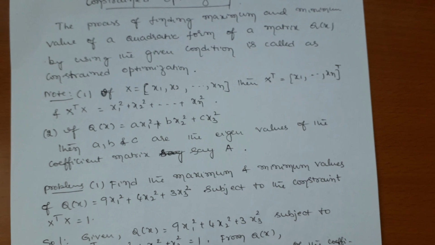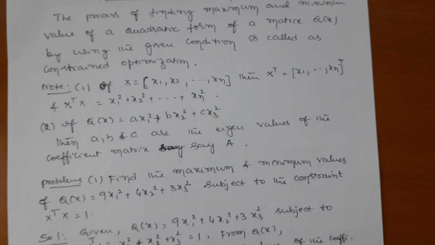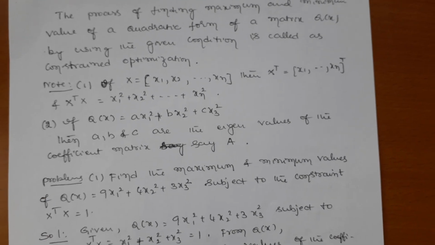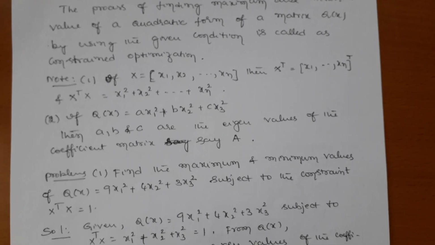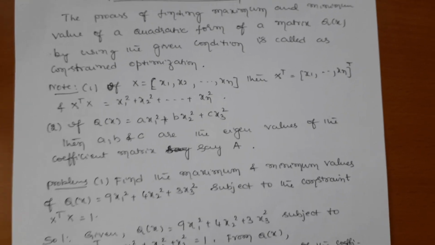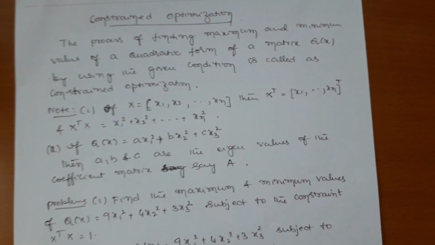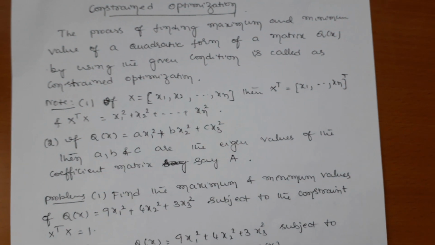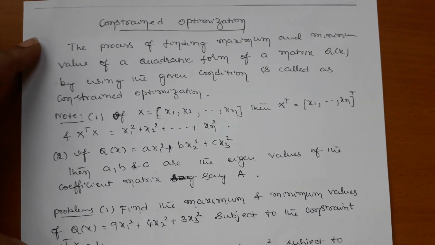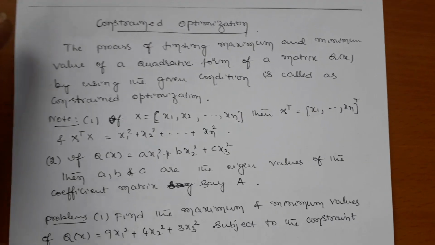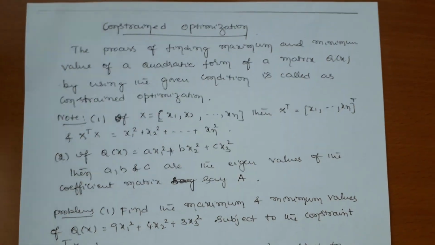Whether you come from a mechanical, computer science or electronics background, in every field you study optimization in OR, operations research. Therefore I need not explain at length. Observe this point again: whenever more than 2 variables are involved, the problem itself mentions maximize or minimize, and they provide at least one constraint.